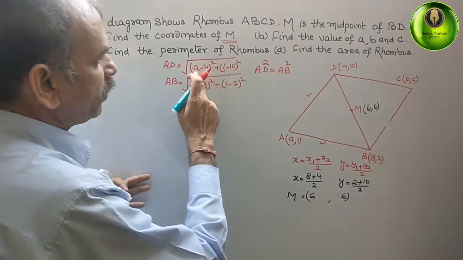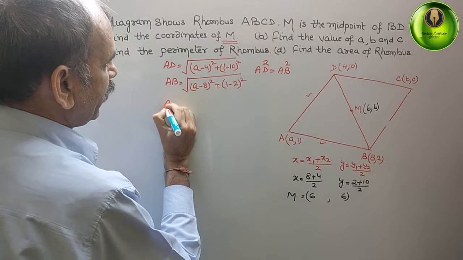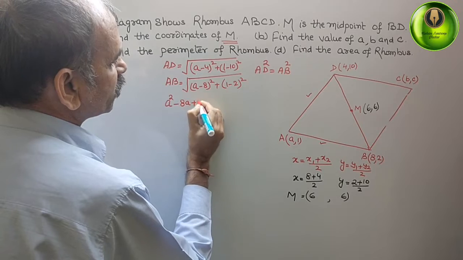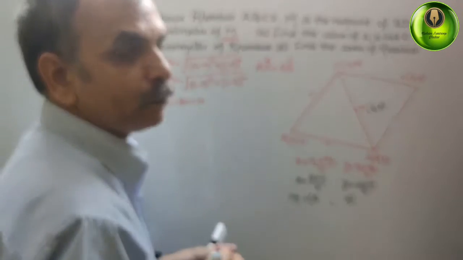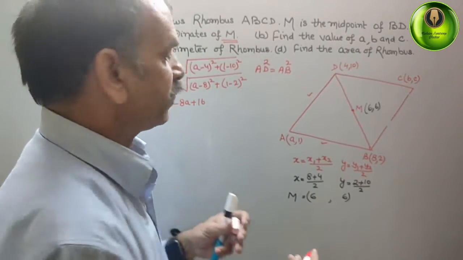So what will come? (a minus 4) whole square is a square minus 8a plus 16, and 1 minus 10 is minus 9, minus 9 square is 81.